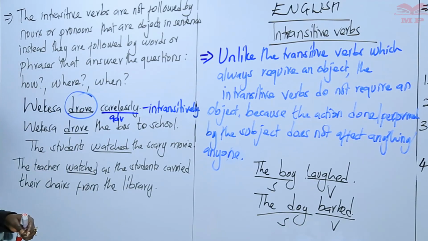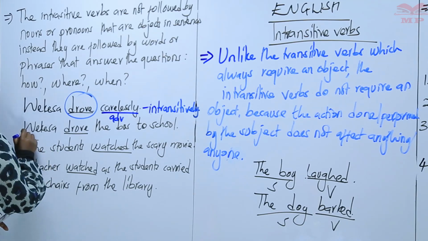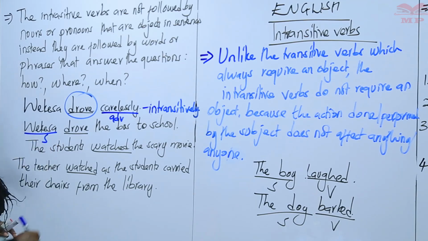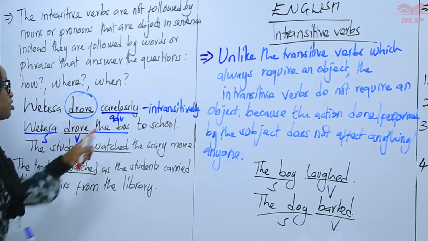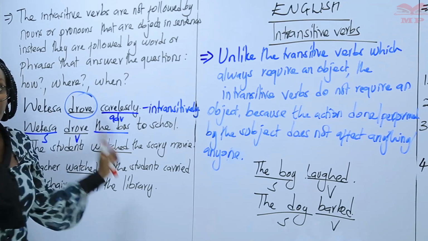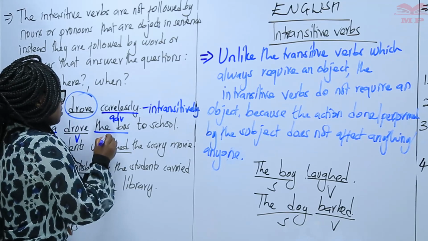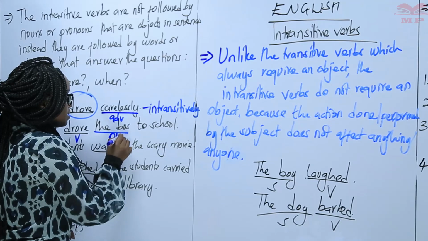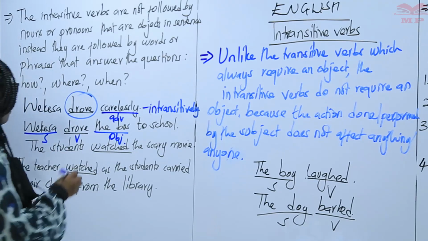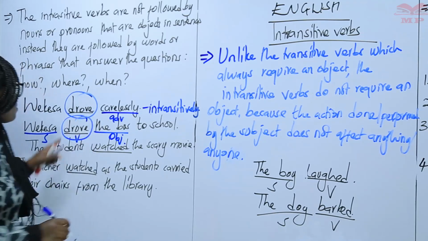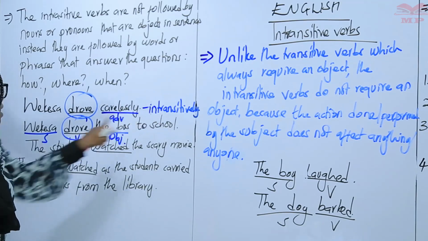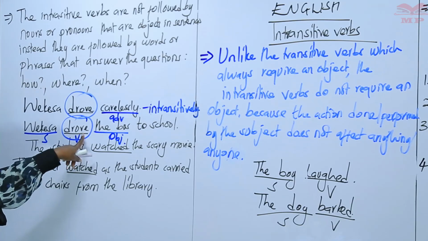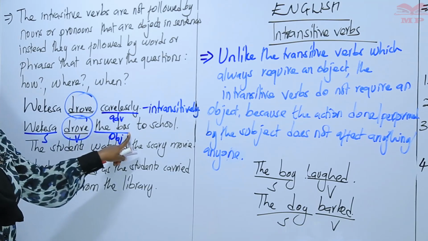Then we move on to the next sentence. Wekesa drove the bus to school. Wekesa here becomes our subject. And then drove, of course, becomes the verb. And then the receiver of the action, what was driven to school, the bus. Therefore, the bus becomes the object in this sentence. I hope now you can see that the verb is the same, drove. In the first sentence, the verb has been used intransitively. Now, in the second sentence, drove actually has an object, which is the bus.